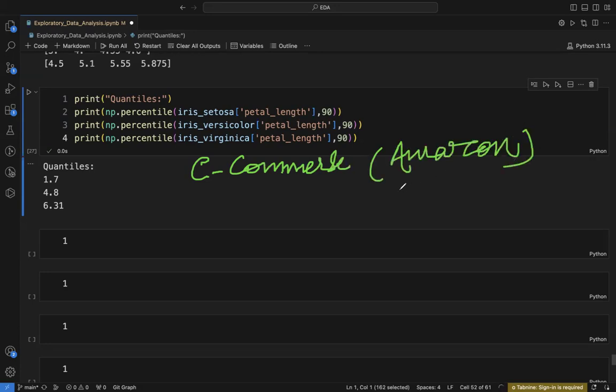Fine. So suppose I have an array of all the time it takes for a product to go from the time a person ordered to the time it's delivered to them. And this is the time.